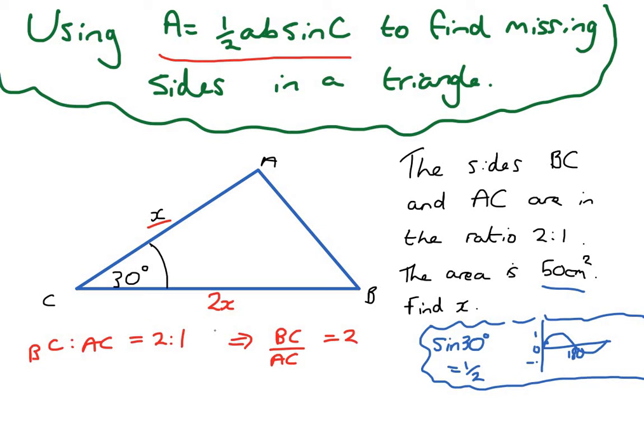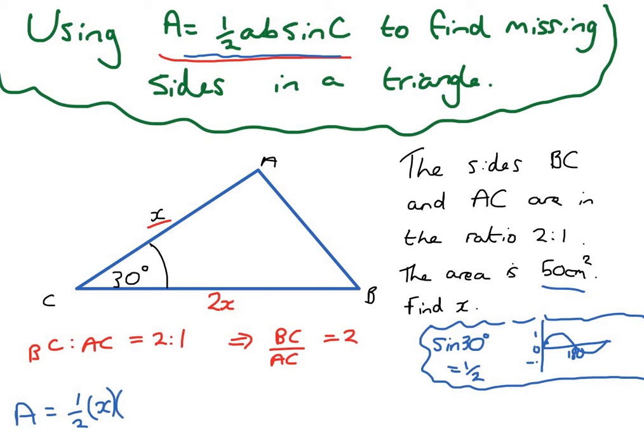Right, so the area of this triangle, by our formula here, is 1/2 times A. In this case, that's going to be AC, which is X. So I'll put them in brackets to avoid ambiguity.